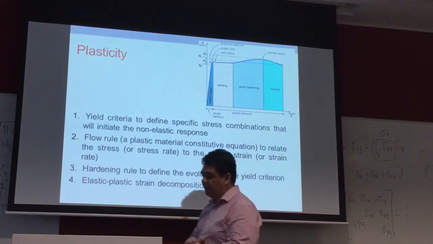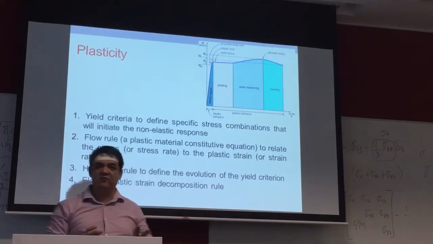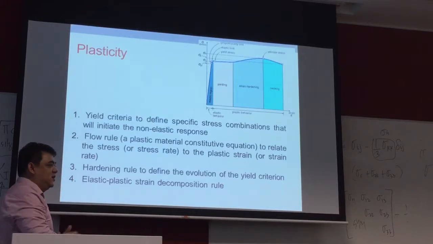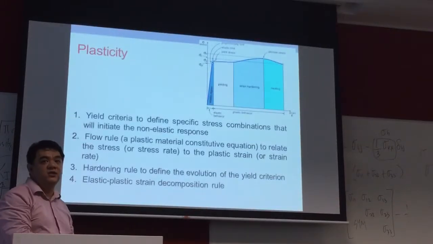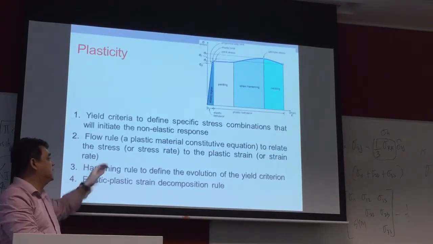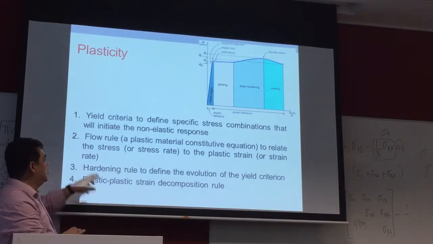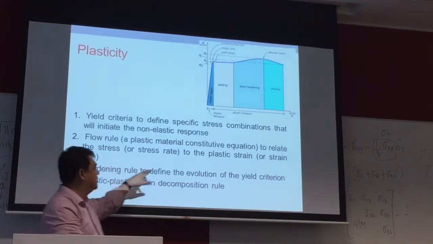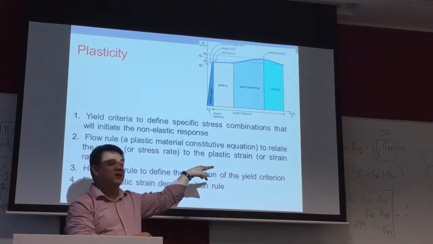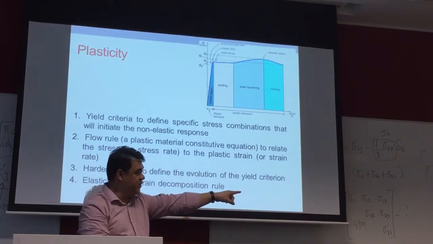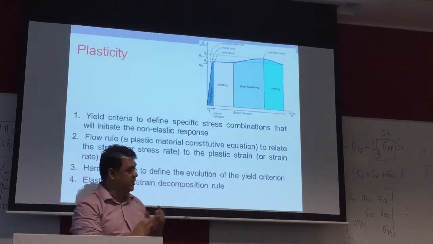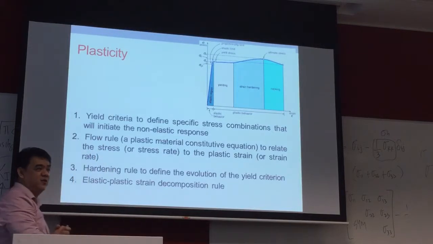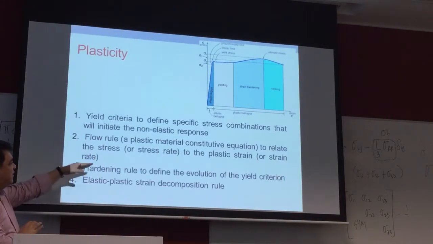So for plasticity, we have an equivalent constitutive equation, and that is called the flow rule, to relate the stress to the plastic strain. Our constitutive equation is also relating the stress with the strain. So here, stress to the plastic strain.